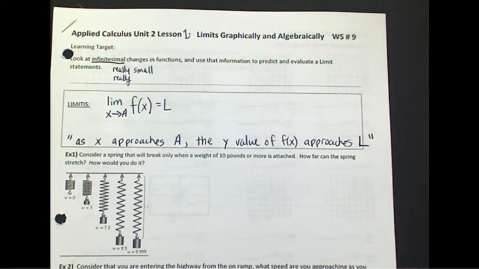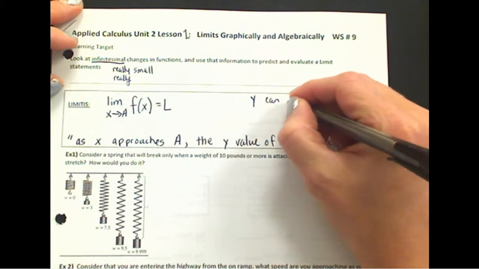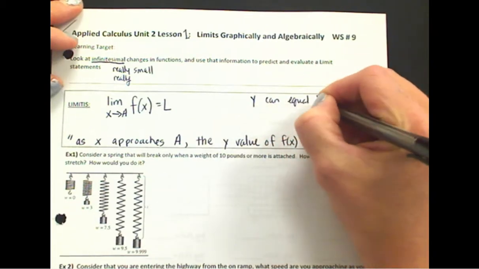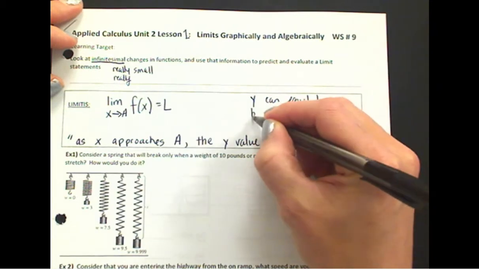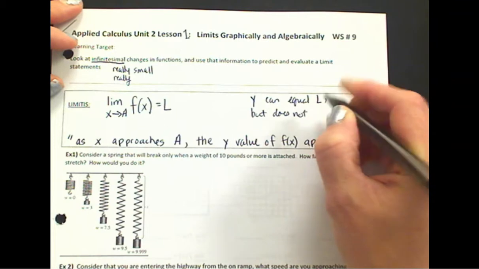Notice that none of those things say equal to. Just approaching. Getting close to. Getting really, really close to. Okay? So y can equal L, but does not have to.